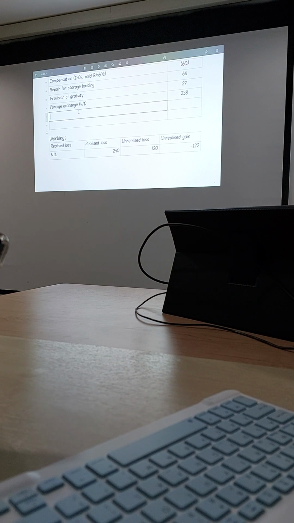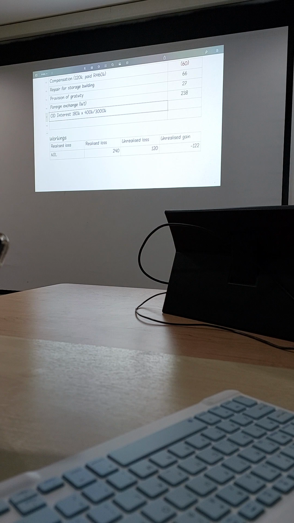This is now the OD interest. OD interest is going to be... how much is the interest? 180k, right? Times 400k over 3000k. Does that make sense?